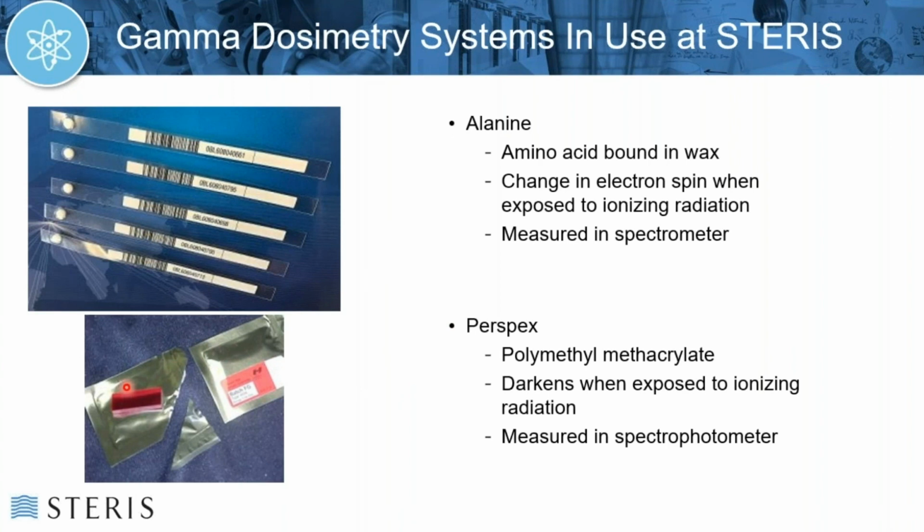This is a much more visible change. You'll see it actually darken when it's exposed to ionizing radiation. And then we would measure that in a spectrophotometer, which would measure the amount of light that passes through the dosimeter as a function of the thickness of the dosimeter.